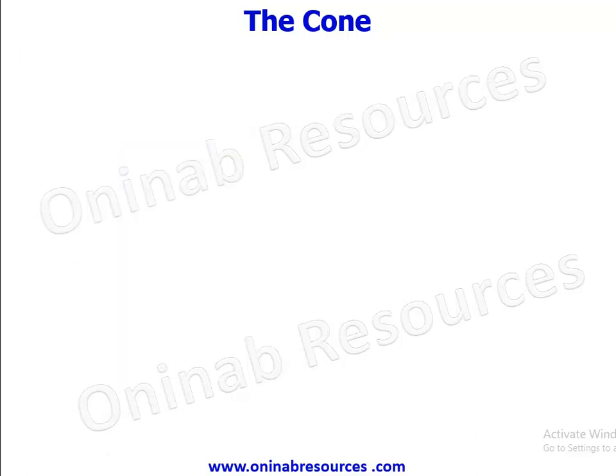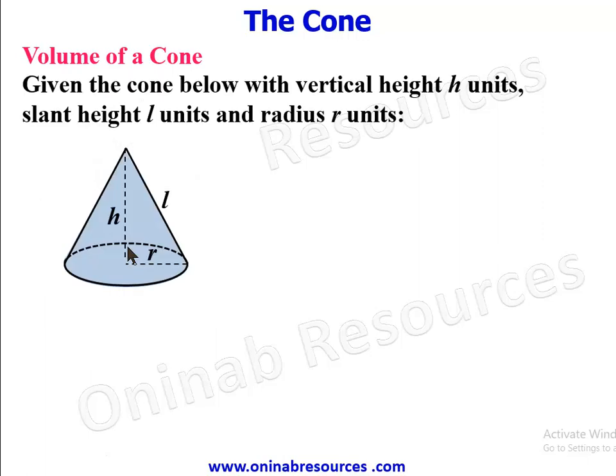And we now go for the volume of a cone. Still maintaining the existing cone with height h units, radius r units and the slant height. The volume of a cone is believed to be derived from the volume of a cylinder, and it is believed to be 1/3 of the volume of a cylinder with the same height and the same radius.